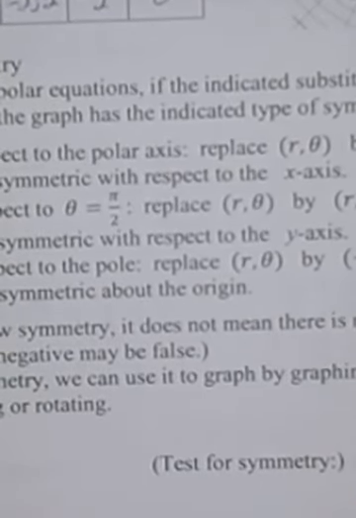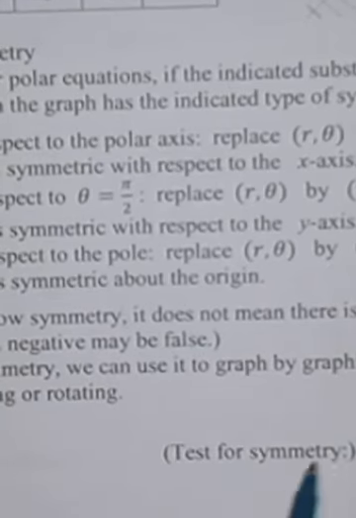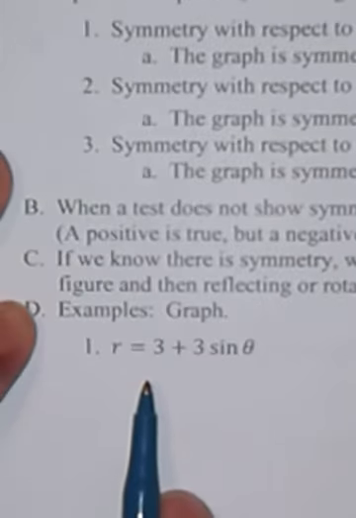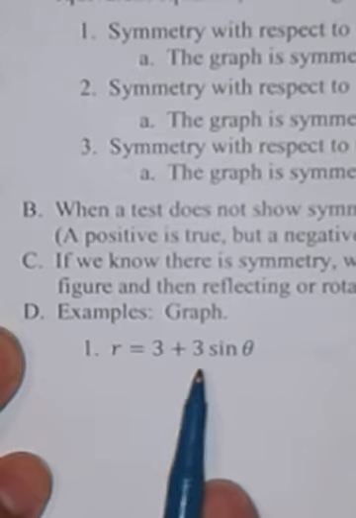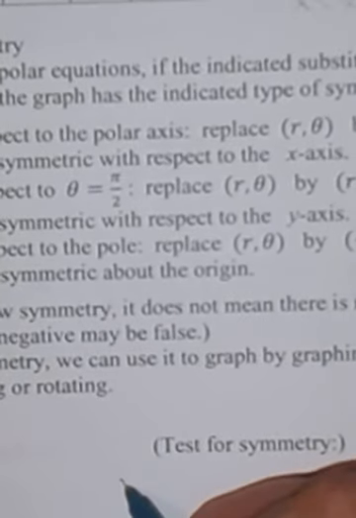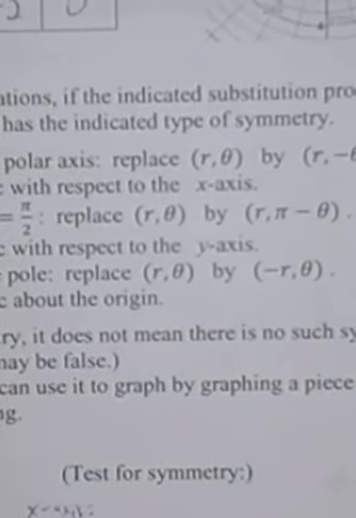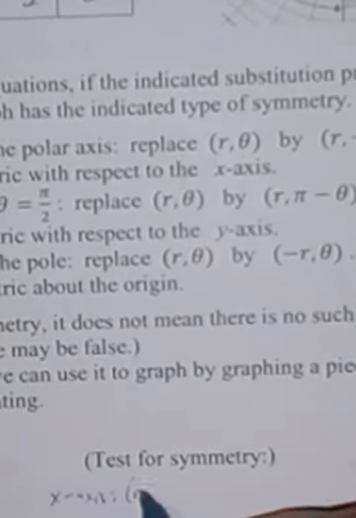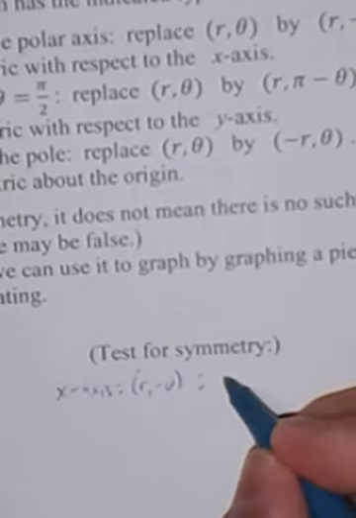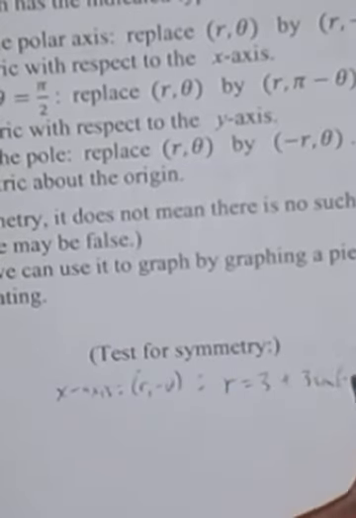Let's test this particular equation for symmetry. Across the x-axis first, and that's just a choice. I'm going to replace (r, theta) with (r, negative theta). My equation would look like this: r equals 3 plus 3 sine of negative theta.